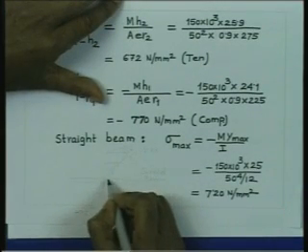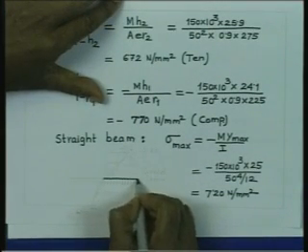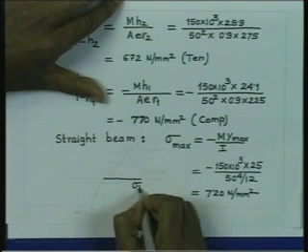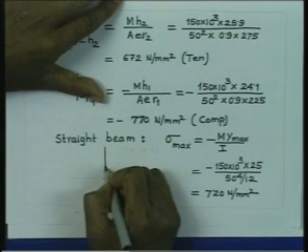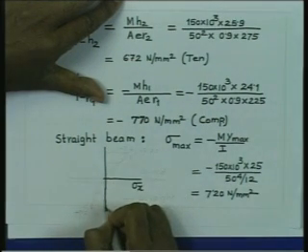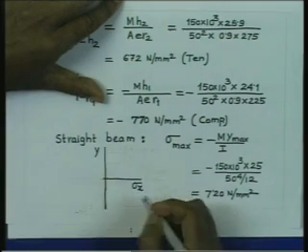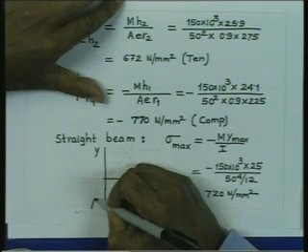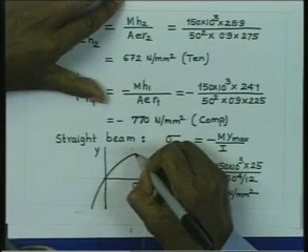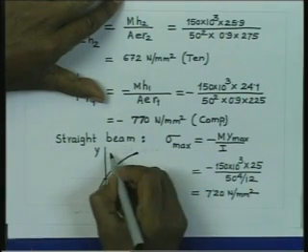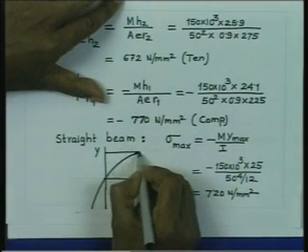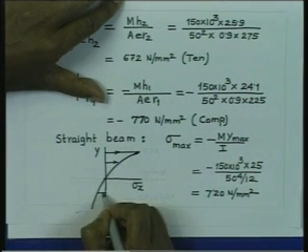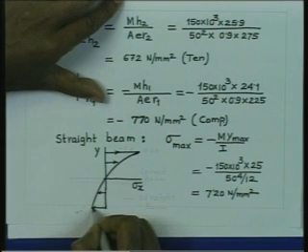Let us say that this is the direction. We will plot the sigma x stress, and let us have our depth plotted in this direction. Then the curved beam formula will give a variation of this type. We have the compressive stress this side and tensile stresses this side.